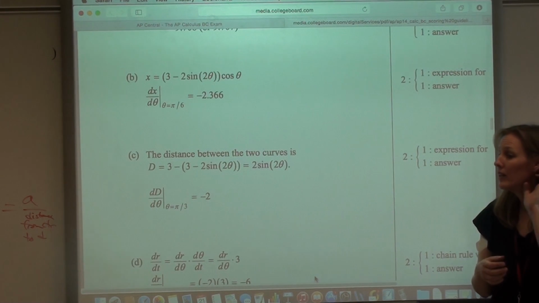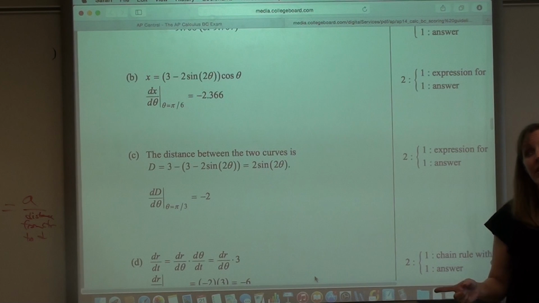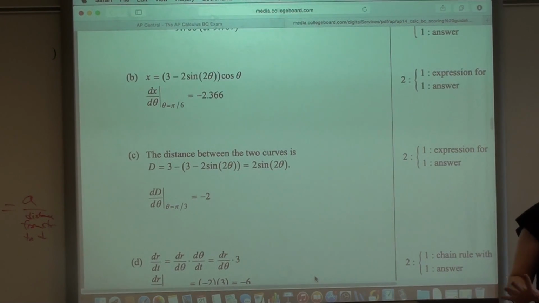What did you get? My calculator got -1.999. That's okay. One of the things I am seeing like crazy is, especially in polar, calculators are not exactly perfectly accurate. There's a lot of rounding going on.